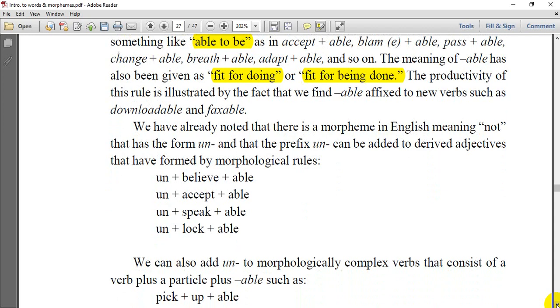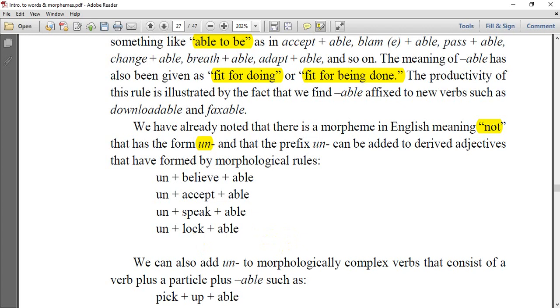We have a morpheme in English meaning not, that has the form un, a negative morpheme. This is a prefix that can be added at the beginning of a word to derive adjectives formed by morphology, for example, unbelievable, unacceptable, unspeakable.